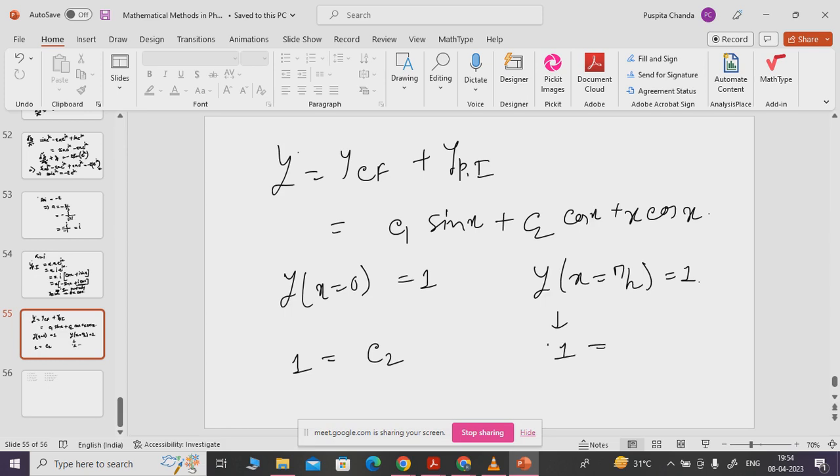And from the second condition, 1 equals c1 sin pi by 2, which is 1, plus cos pi by 2, which is 0, so c1 is 1. So y equals sin x plus cos x plus x cos x.